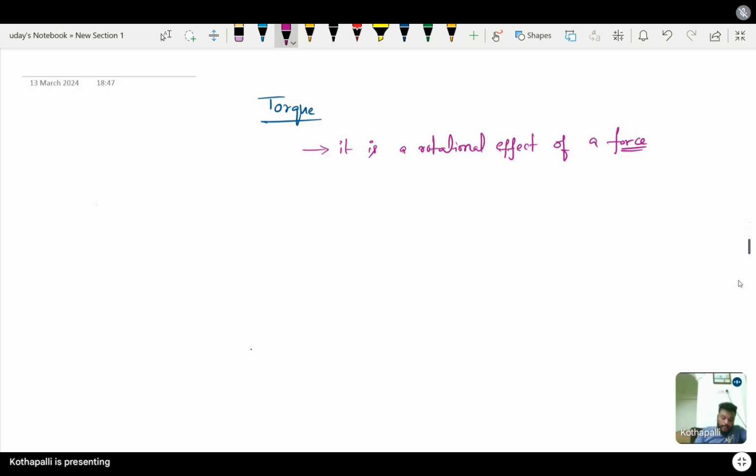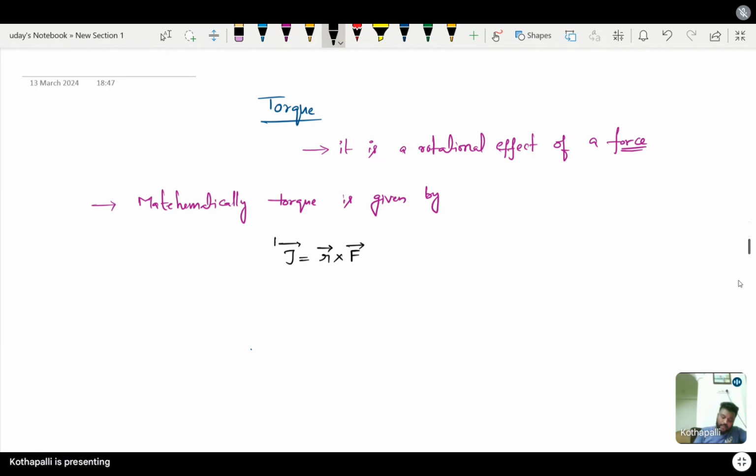Okay. Now the mathematical expression of the torque. Mathematically, torque is given by tau vector equals r vector cross F vector.